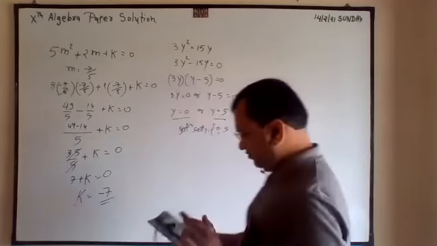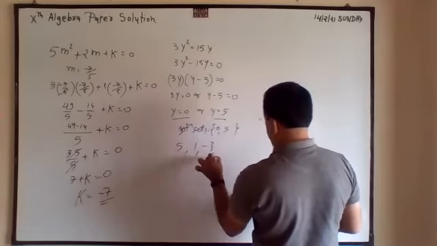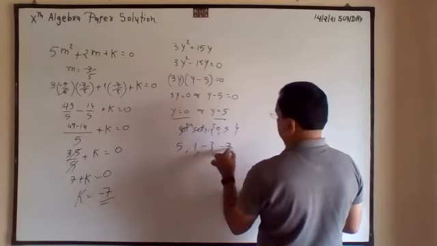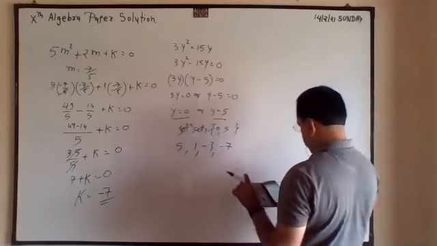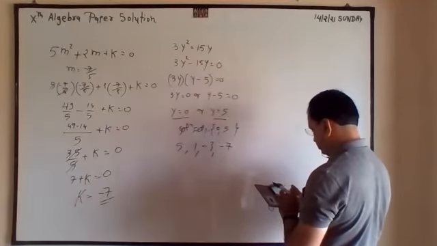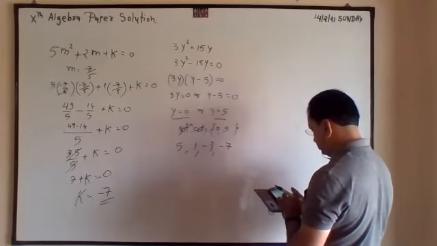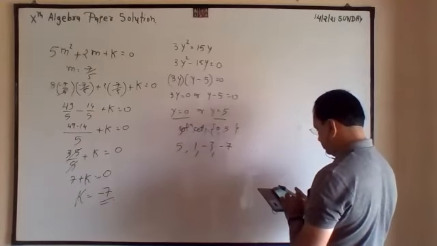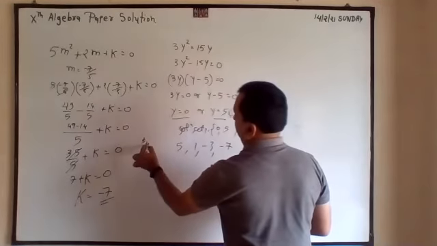A series is given: 5, 1, minus 3, minus 7. It is an AP. We have to find T10.